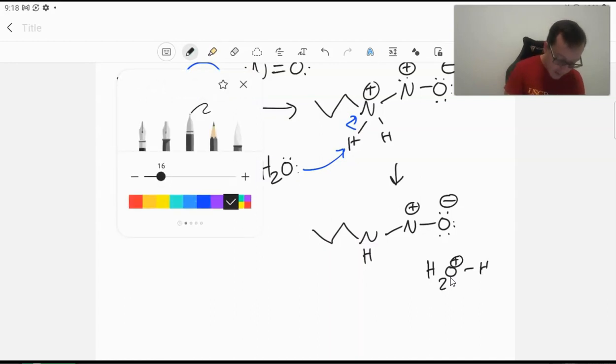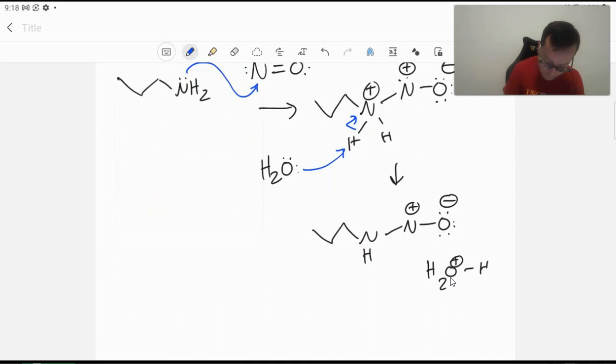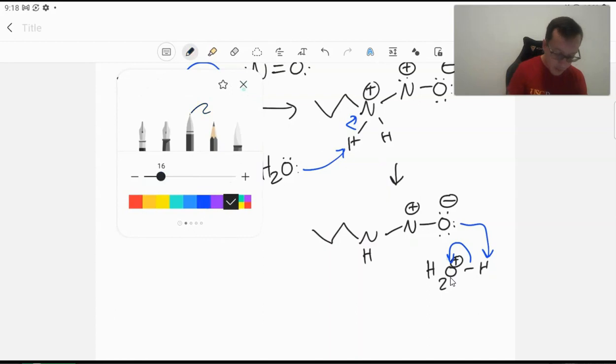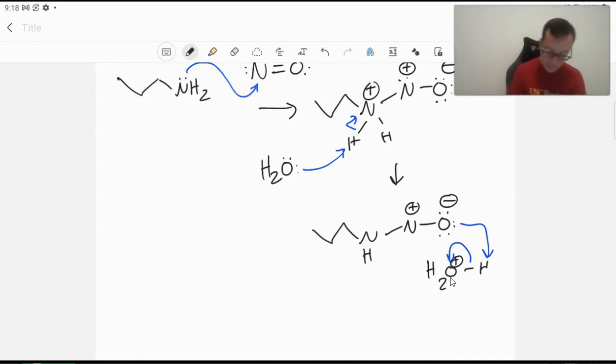Let's go ahead and protonate that one. It's just a proton shift. We're moving a proton from the nitrogen to the oxygen. And we have the OH now.